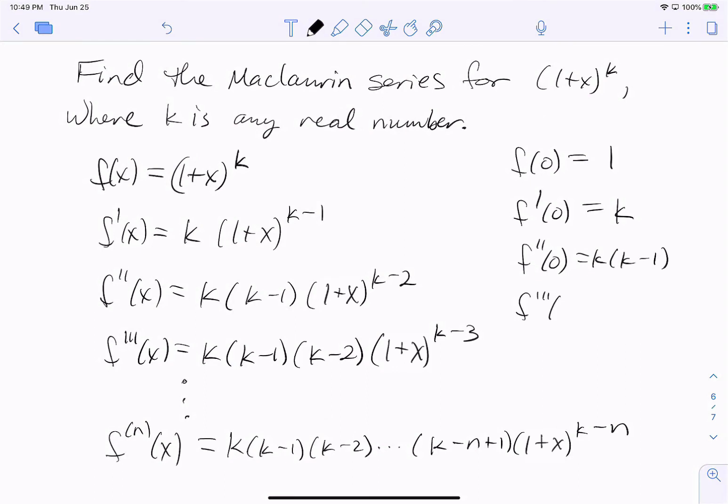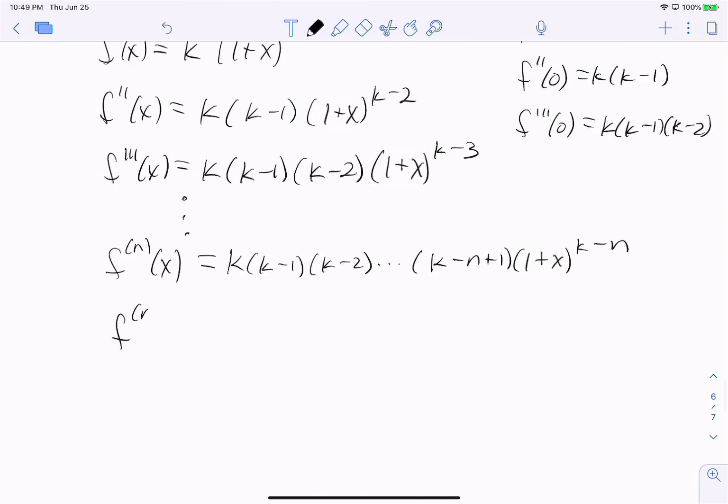F triple prime of 0 is k times k minus 1 times k minus 2. All we're doing is picking up those coefficients with k. This generalizes. The nth derivative evaluated at 0 is just k, k minus 1, k minus 2, up to k minus n plus 1, all multiplied together.